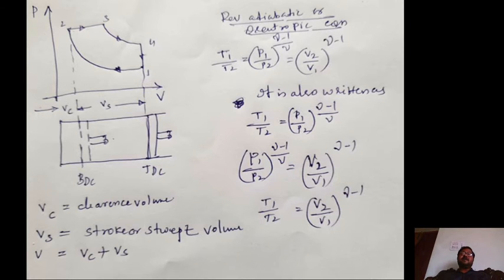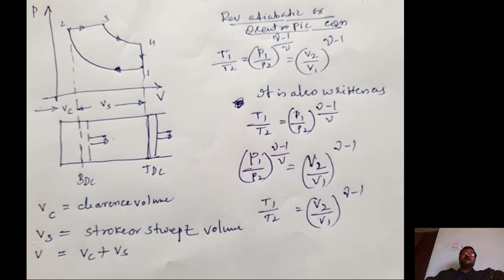Reversible adiabatic or isentropic equation, I explained: T1 by T2 is equal to P1 by P2 raised to the power of gamma minus 1 by gamma, is equal to V2 by V1 raised to the power of gamma minus 1. You can write this in different formats, T and V, T and P correlations, P and V correlations, according to your requirement, for process 1 to 2, process 3 to 4.